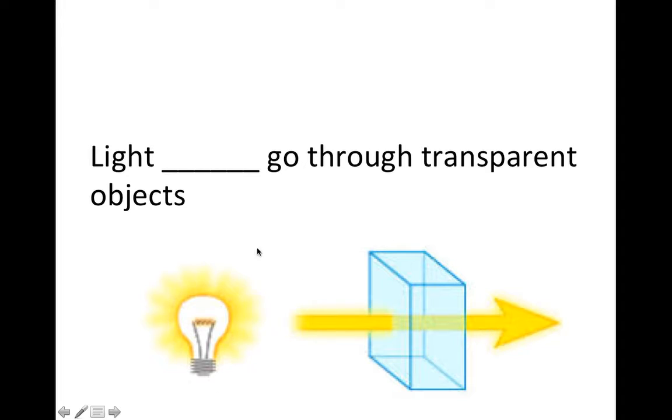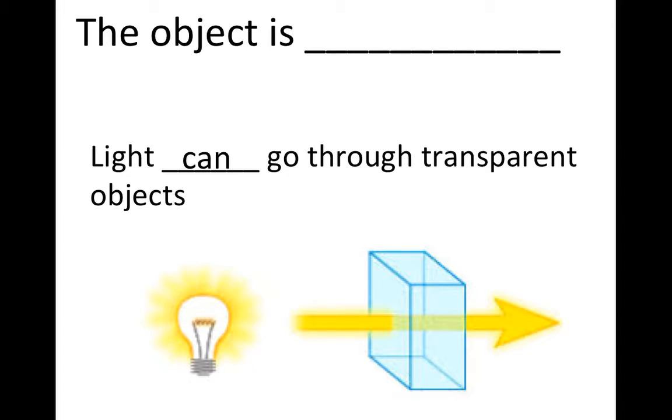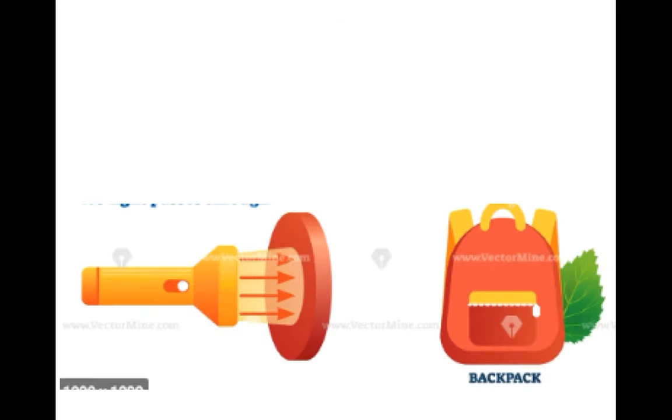Here we have a light. Light can or can't go through transparent objects? Can. Light can go through transparent objects. The object is transparent. This is a backpack.